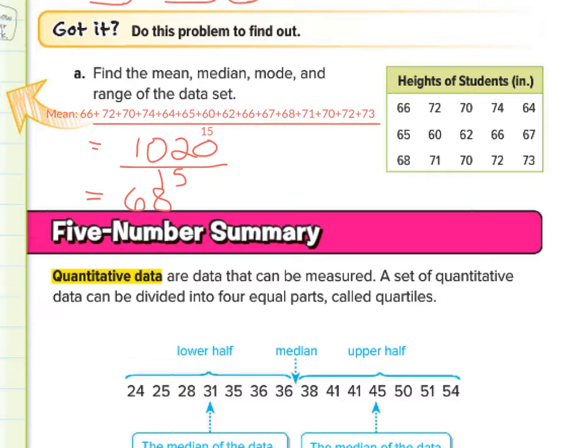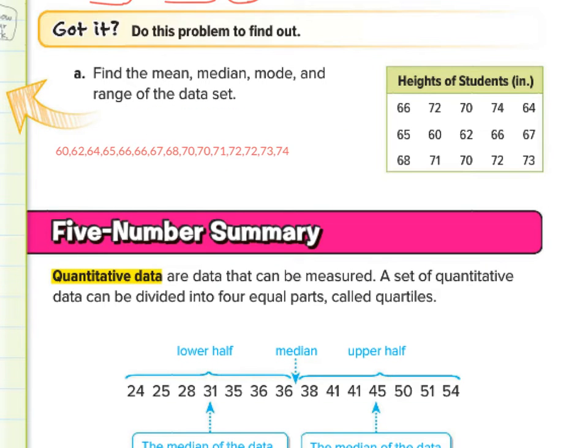Now let's find the median. For the median, we're going to take all these numbers and arrange them from least to greatest. And when I organize them from least to greatest, I get the lowest number being 60 and the highest number being 74.